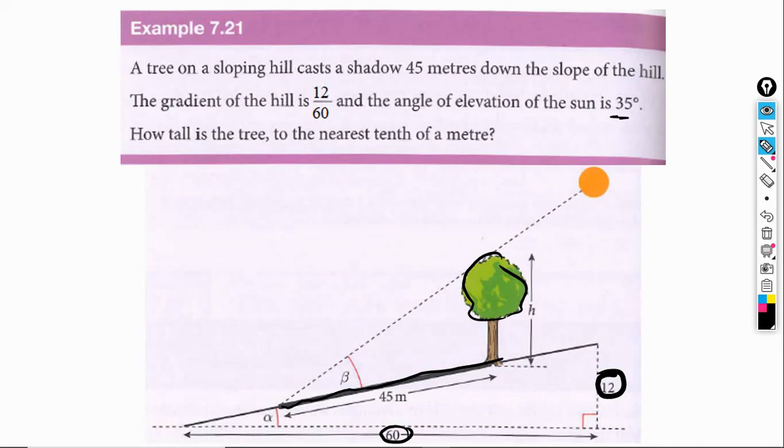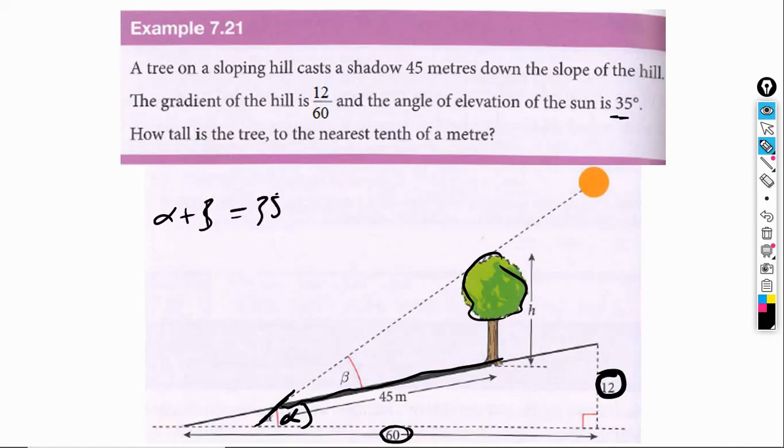That's the angle of elevation of the sun, but the angle of elevation of the sun is with respect to the horizontal. So I'm going to continue this line, and I'm going to rewrite here alpha. So if I continue this line here, it turns out that I have that alpha plus beta has to equal 35 degrees.